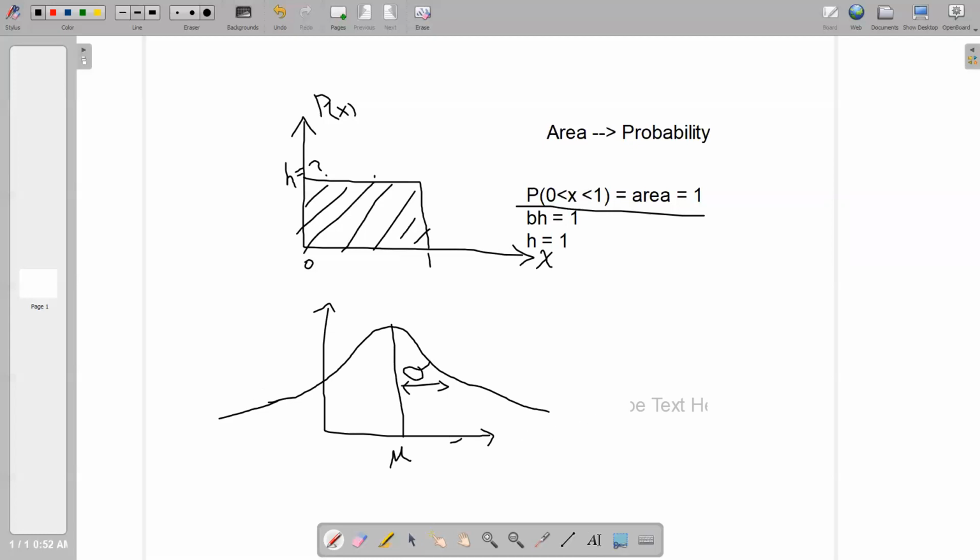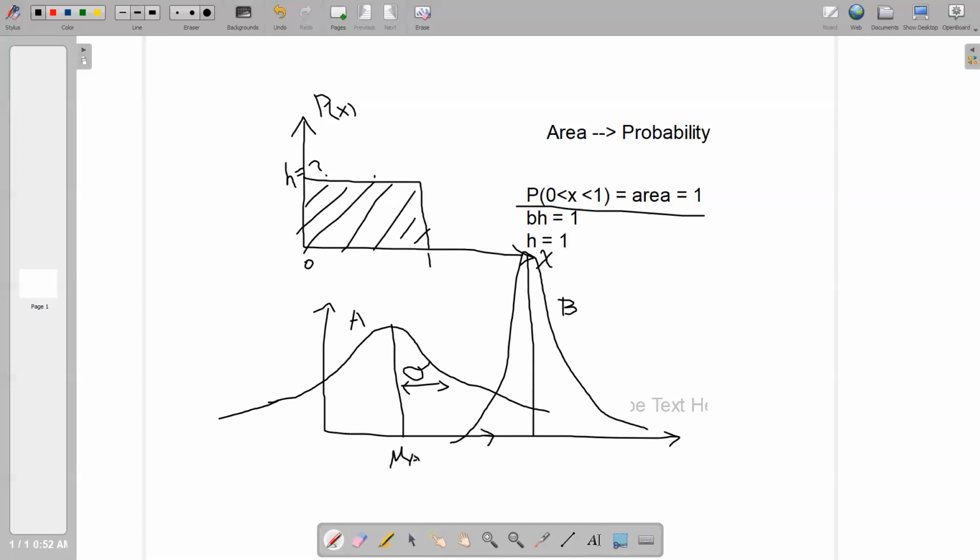So if you have two normal density curves side by side, this is A, this is B. We should be able to identify very quickly which one has the larger mean and which one has the larger standard deviation, right?